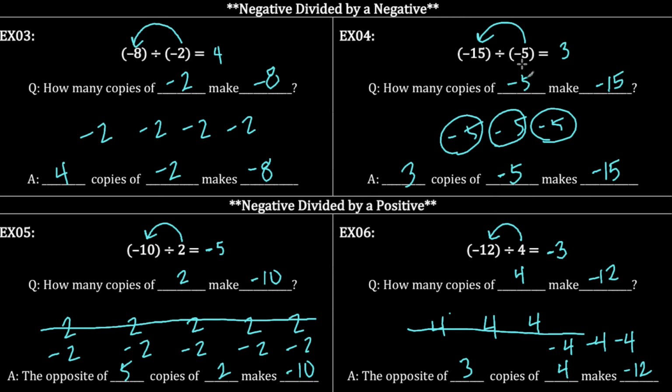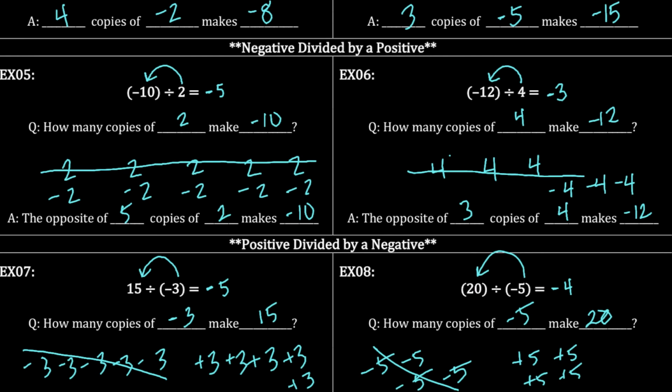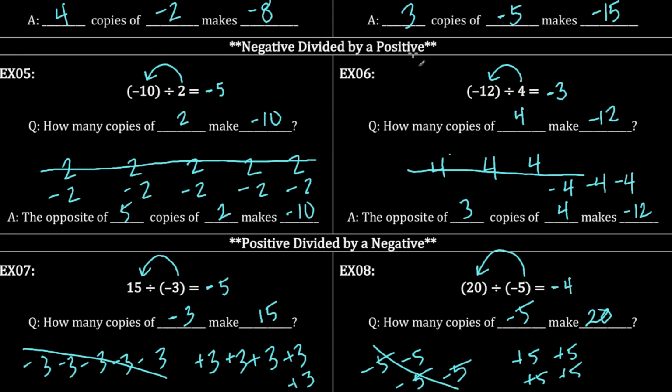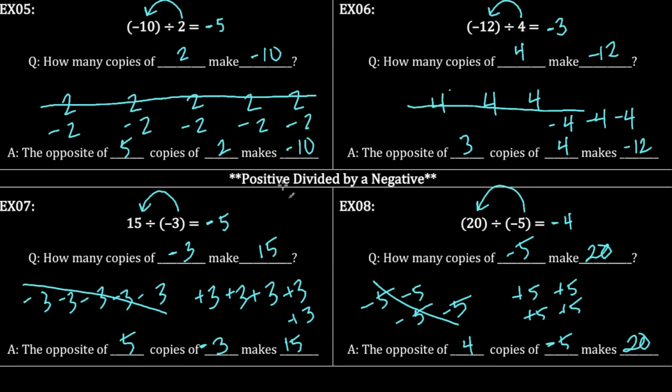So a negative divided by a negative was a positive. So a negative divided by a positive was a negative. And a positive divided by a negative was a negative.